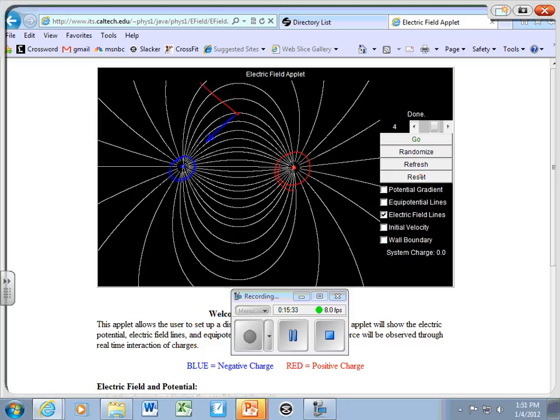The field due to that one points this way. They're the same charge, and we're the same distance from each. So the total field at that point is the sum of those two electric field vectors, a field that looks like that. Notice that's tangent to the field line at that location, and points to the left.